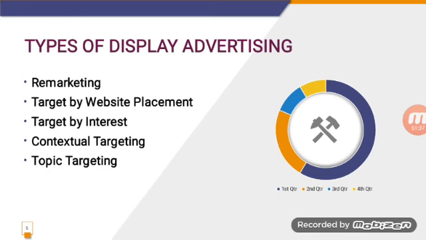So Google will gather all this information, keep it, and then target you based on those activities. That is what we call in-market audiences, where people are looking to buy the product or service very soon.